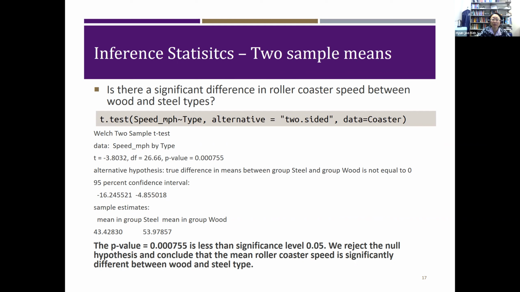The structure might be that the speed of steel roller coasters is in one column and the speed of wood roller coasters in another column. So you have two different columns with all the speeds, and the distinction between the types is actually two separate columns. Then we'll use x1 comma x2 rather than tilde. So x1 comma x2 inside of the t.test command.